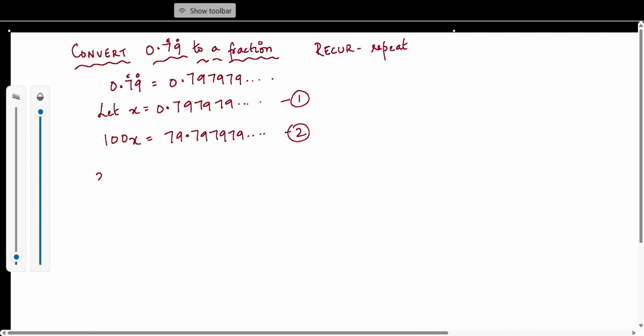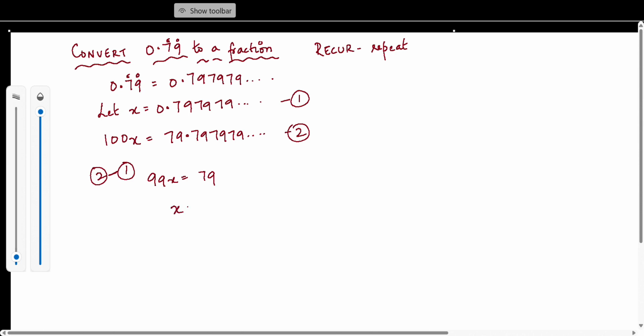Now, when we subtract 1 from 2, the whole idea or purpose of this step is so that the decimal places just get cancelled. It's the same decimal places leaving us with a nice whole number. So on the left, 100x minus x is 99x. The decimal places get cancelled. 79 minus 0 is 79.